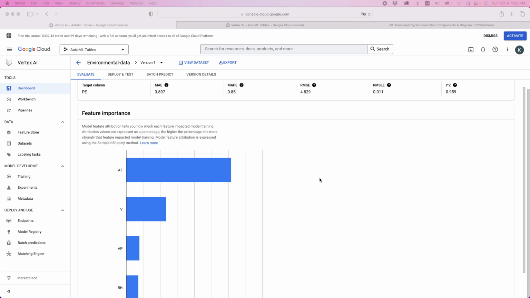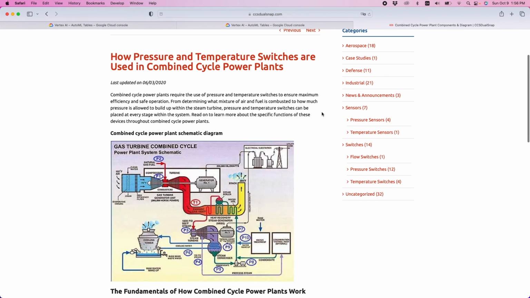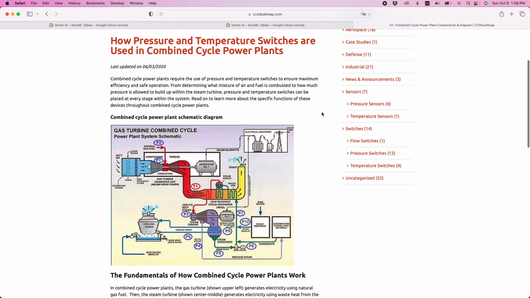Before we can decide what would be the most appropriate output parameter for us to use, let's take a look at what our application is. In our application, we are trying to predict output power for a combined cycle power plant. If we can predict output power, we can set up parameters so that we can divide generated power between a gas generator and a steam turbine appropriately.